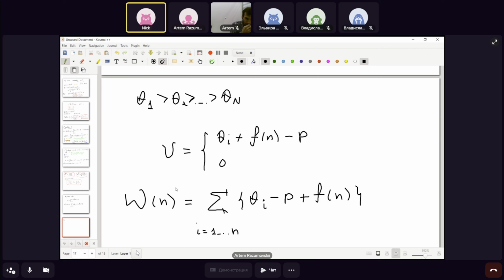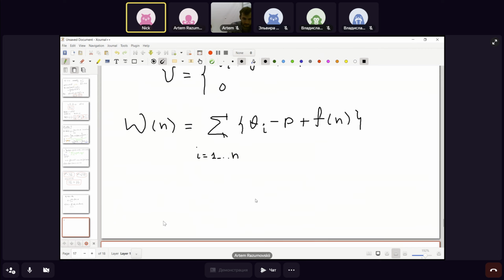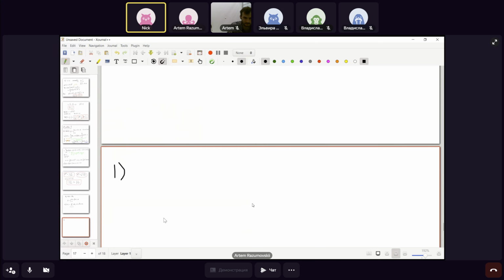We don't know whether he joins or not, but we know that he's the bottom one. So for this agent i who is indifferent, let me draw the i hat here.